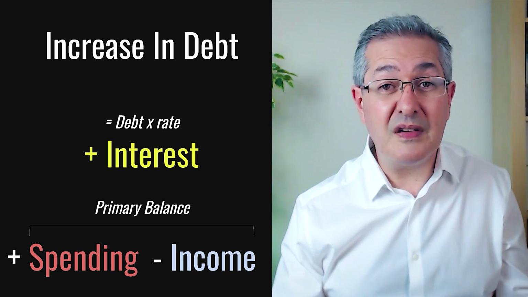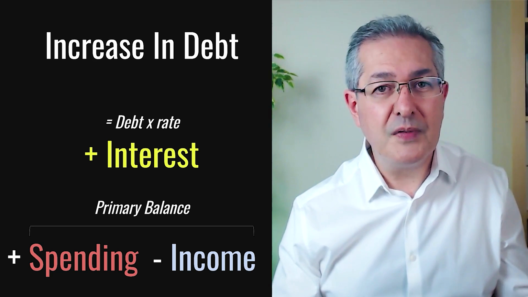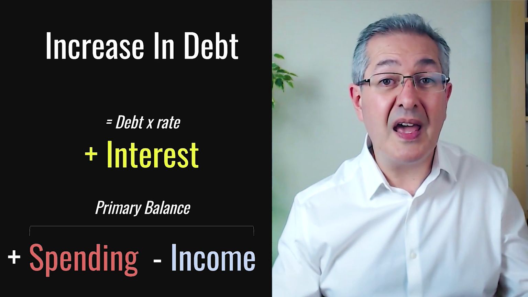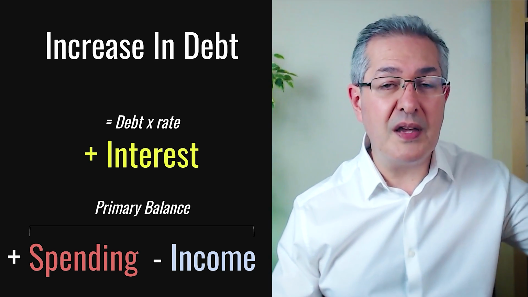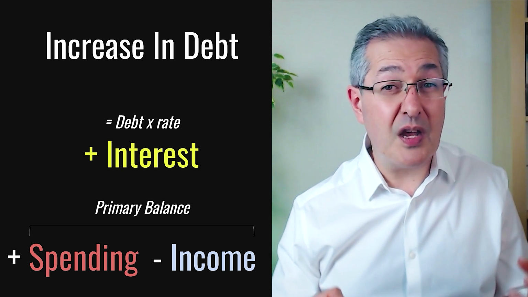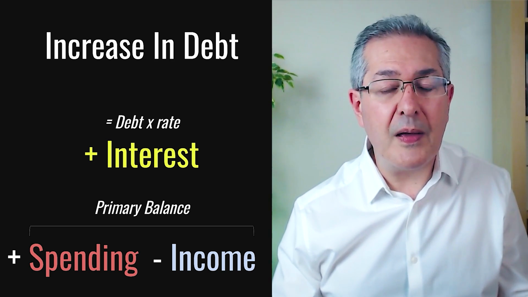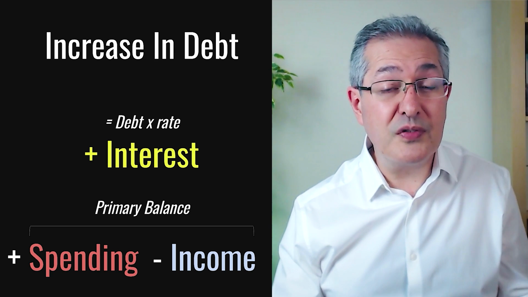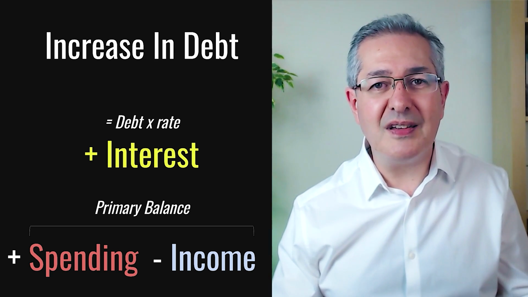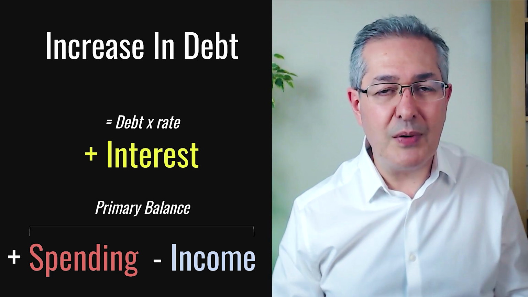And the US deficit at the moment is quite large, certainly by historic standards, and that's one of the factors which is driving the debt to GDP ratio upwards. The other factor is that interest rates are now higher, so that debt servicing cost is also higher, and both of these factors are increasing the debt to GDP ratio.